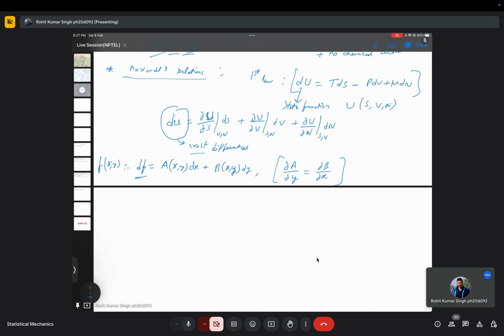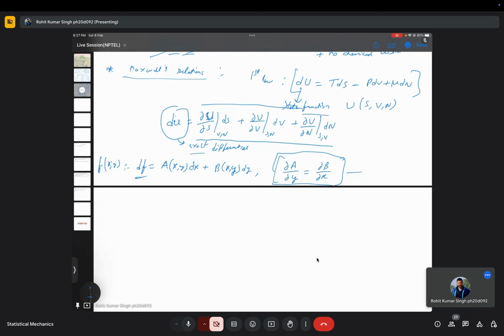Now since here we have three terms, this criterion will be satisfied for all the three. I mean, we can write three equations like this. Okay, so let's try to write them.